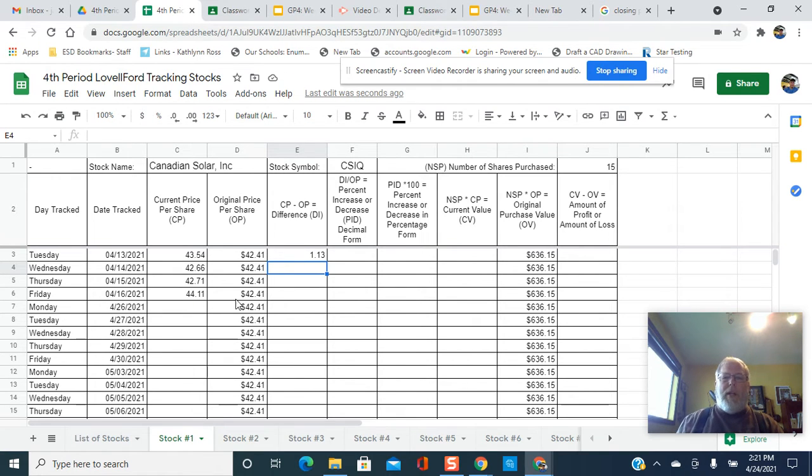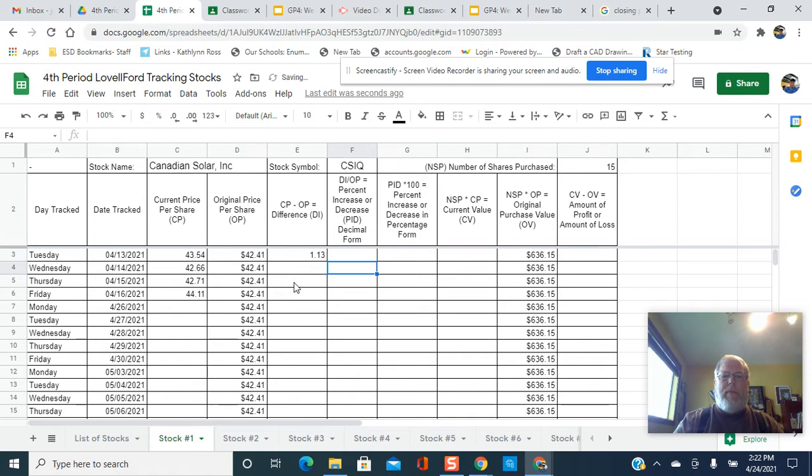Now, we're going to take that difference and divide it by the original price. So we're going to hit the equal sign again. We're comparing this difference to the original price. So we're going to go 1.13 divided by, which is your forward slash, the original price of 42.41.